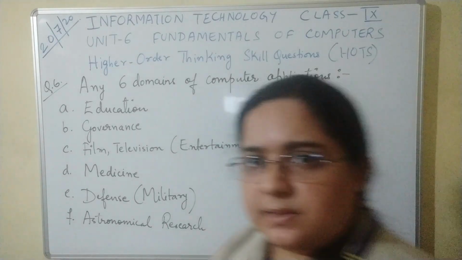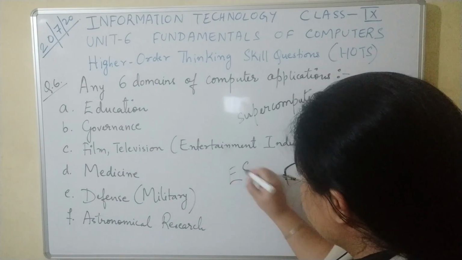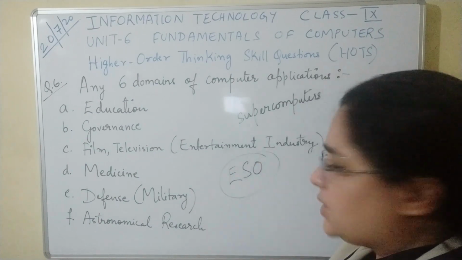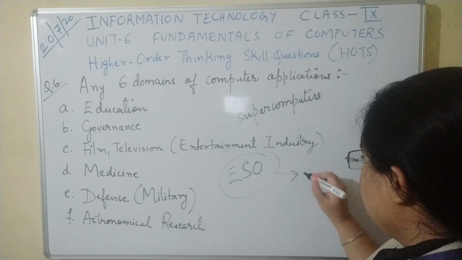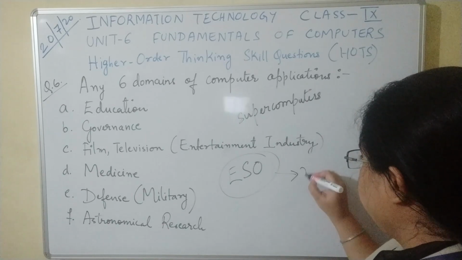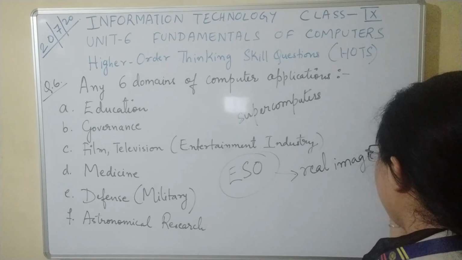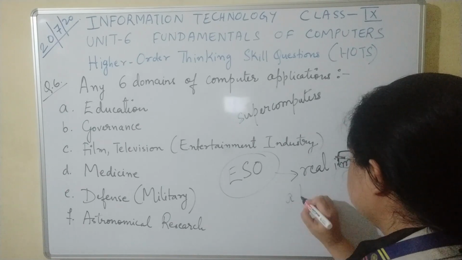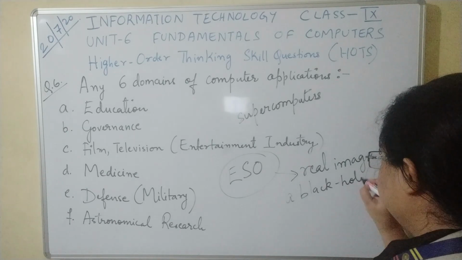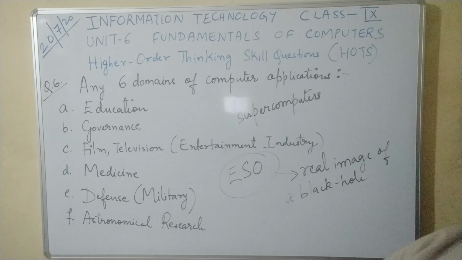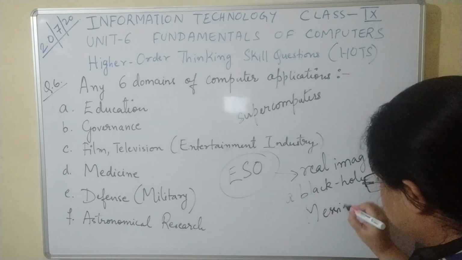If you remember, we had a very recent event last year where ESO, the European Space Organization, discovered the very first real image of a supermassive black hole in a very distant galaxy, Messier 87.